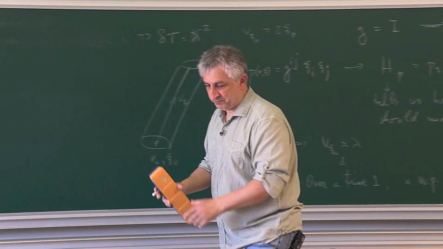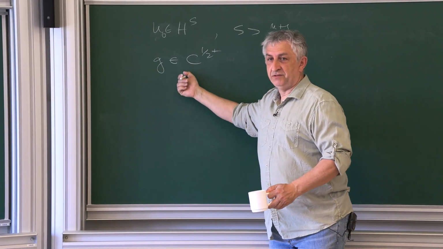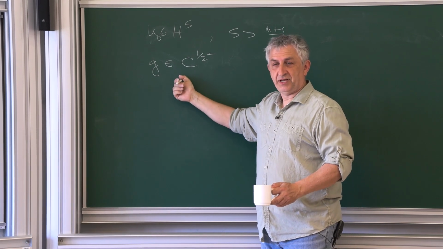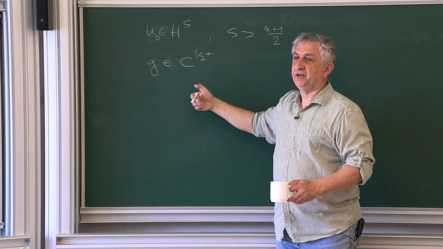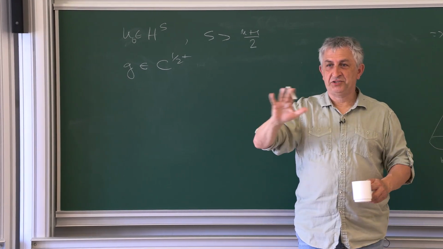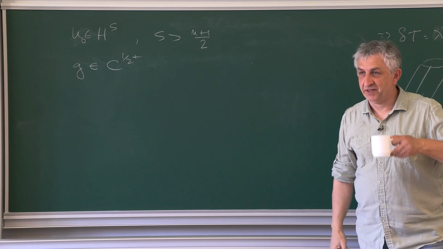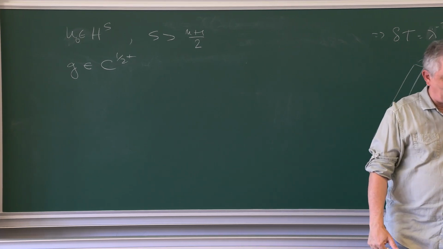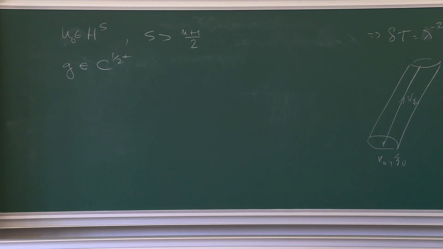All right? And very likely, it's impossible to even reach at all these kinds of thresholds for metrics which just have this kind of regularity. Instead, we want to say we have special metrics which come from an equation and take advantage of that.